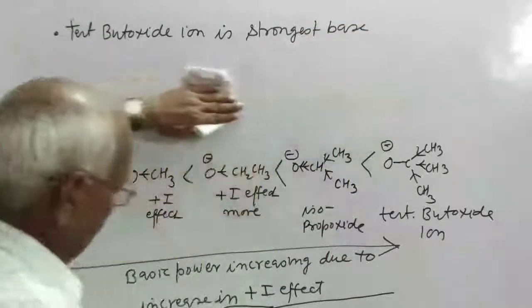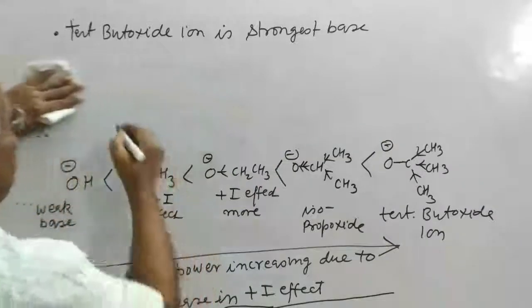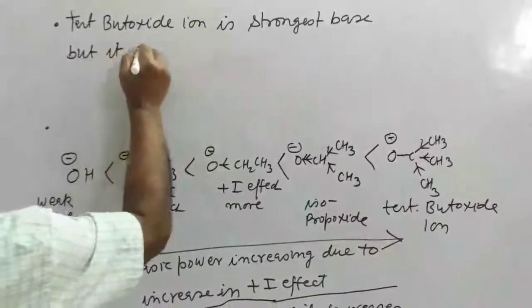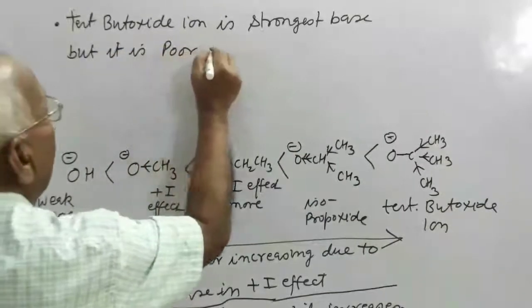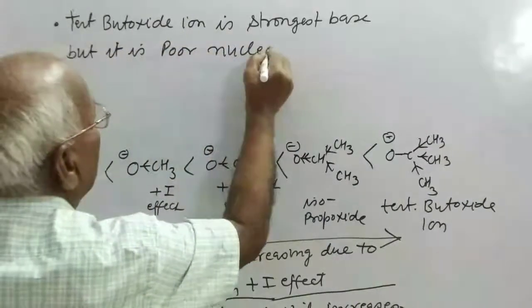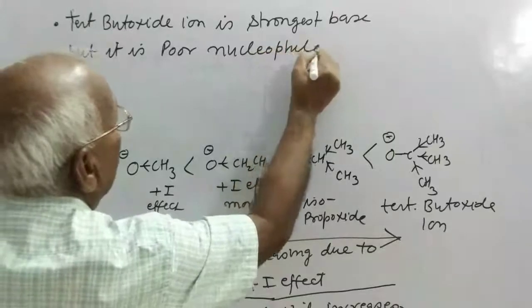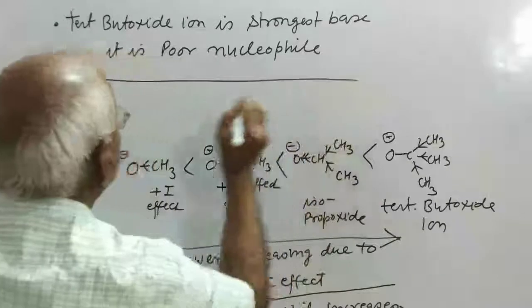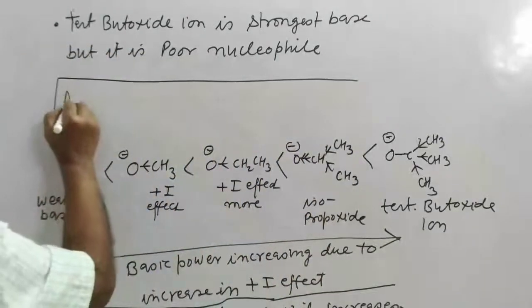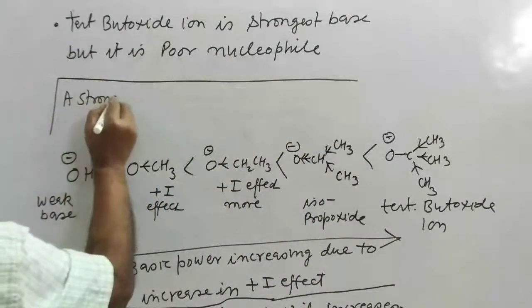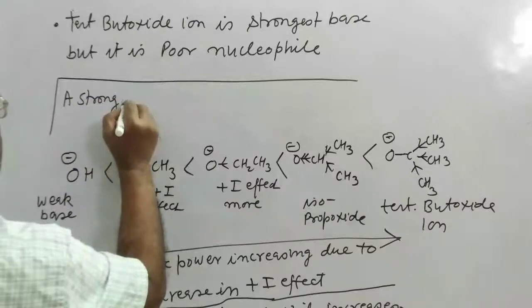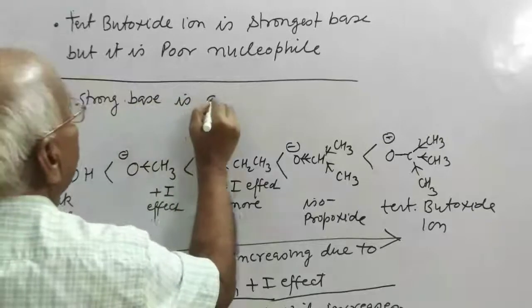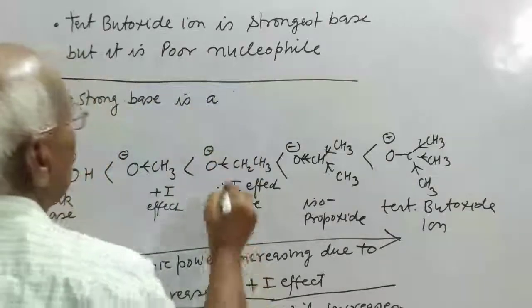And what about betterment of the nucleophile? But it is a poor nucleophile. So you can generate a formula: a strong base is a poor nucleophile.